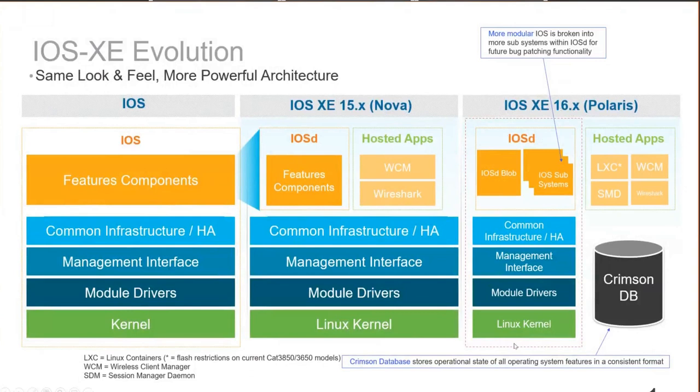And there are certain database options added as well that helps in storing the data of the state of the FP and RP in a consistent format. So we have something like AOMDB, Crimson DB for that support. We can also host the applications now on the devices with the help of the LXC and KVM functionalities.